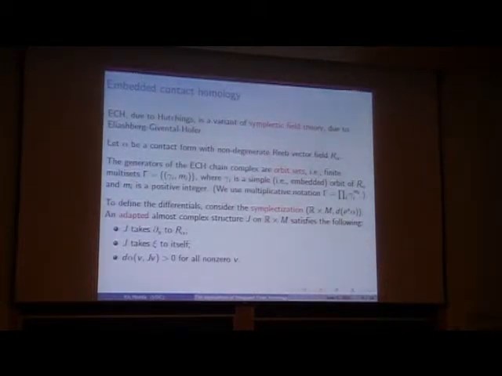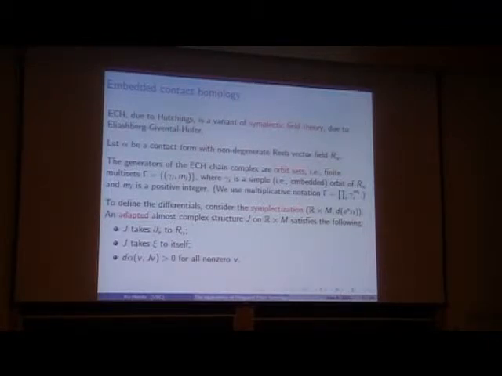Okay, so let me quickly give you a false definition of embedded contact homology, but it'll do for today. So ECH, due to Hutchings, is a variant of symplectic field theory, which is due to Eliashberg, Givental and Hofer, and let alpha be a contact form with non-degenerate Reeb vector field.